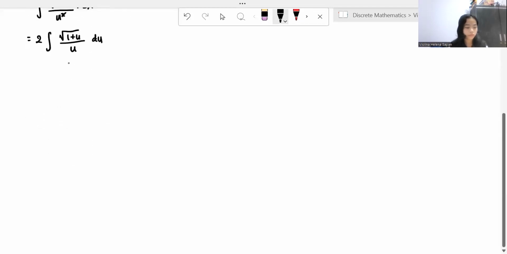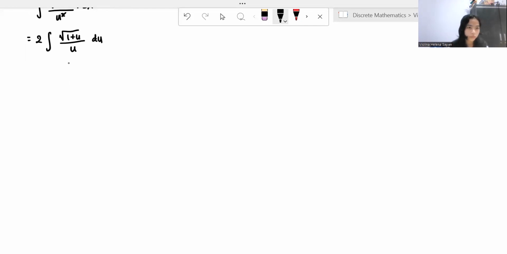Next, to get rid of this tricky square root equation, we can use the simple substitution of v.